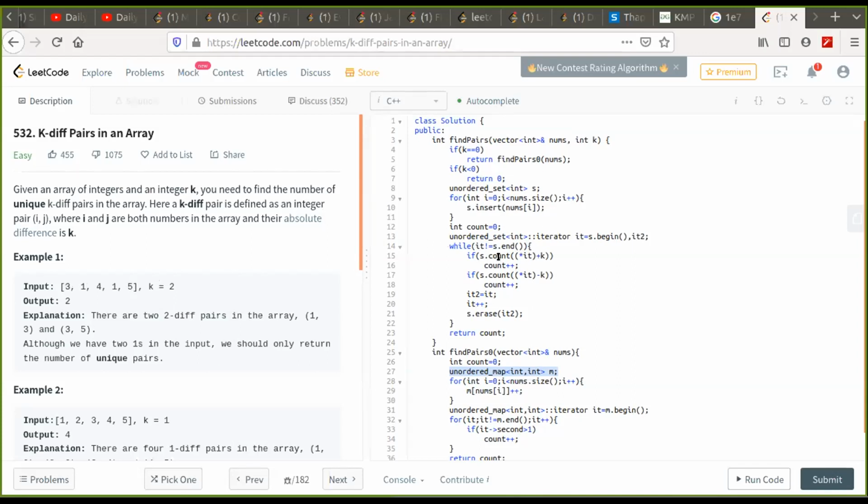That is, if the set has an element 3 plus 2, that is 5, it will increase my count by 1. And I'm also checking if it has 3 minus 2, that is 1. In that case also my counter will increase by 1.